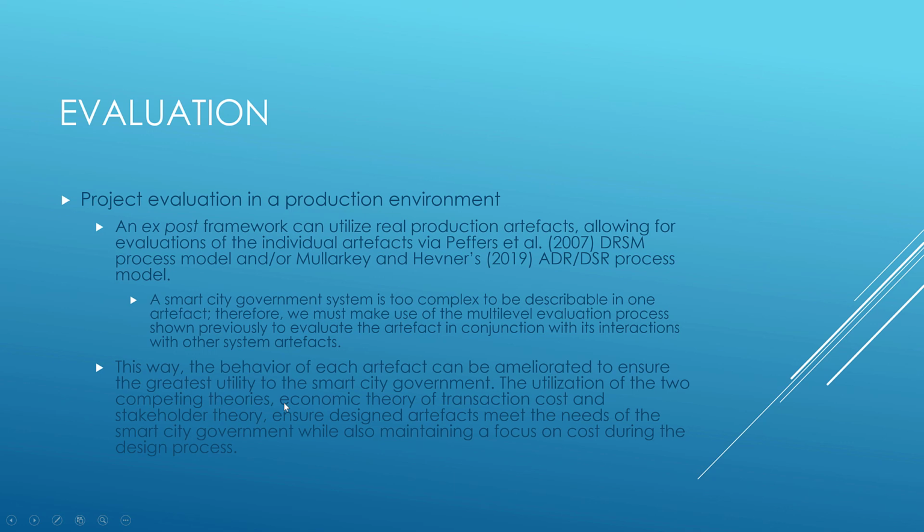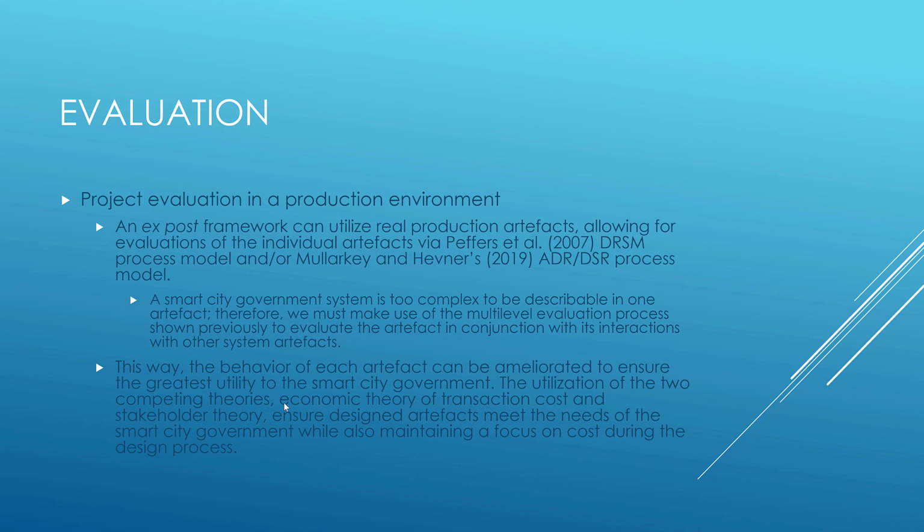Ultimately, we're looking at the behavior of each artifact to ensure that we get the greatest utility for the smart city as a whole, and make sure that everything is done utilizing the economic theory of transaction cost. Are we being efficient? And are we providing what the stakeholders are asking for? And by using those two theories, we can make sure that the smart city is responsive to the needs of the community and is efficient and fiscally responsible and sustainable.